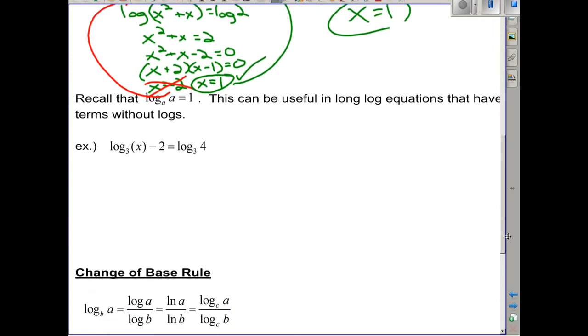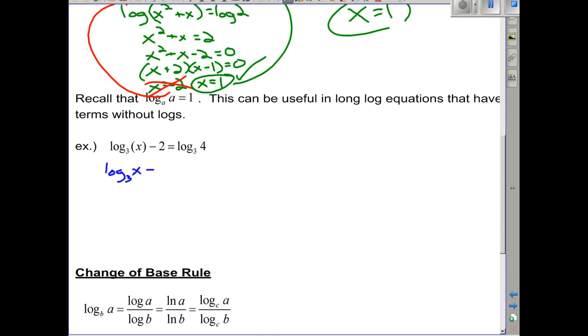Okay, recall that log base a of a is 1. This can be helpful in a long log equation where you have one term that doesn't have logs. So over here I have log base 3 of x minus 2 equals log base 3 of 4.